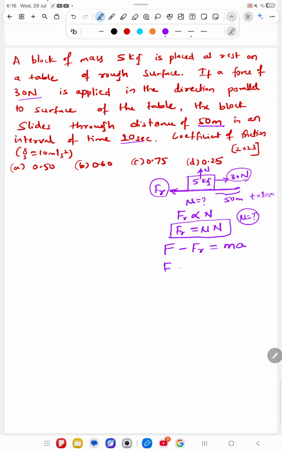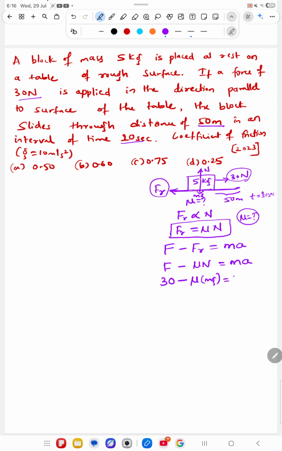So F as it is, and the frictional force is mu into N, equals m into a. Here the applied force is 30 Newton, mu we don't know, and this normal reaction force is exactly equal to mg, which acts in the downward direction.